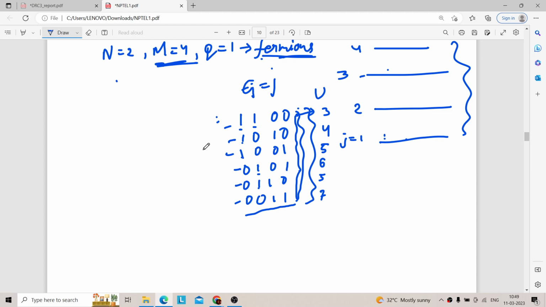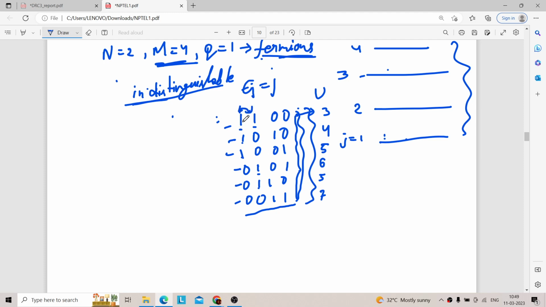So what am I doing? I am considering them as indistinguishable particles, but in the question it is not given that they are indistinguishable, so we can arrange between them.